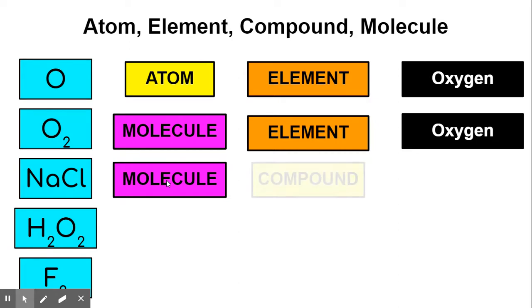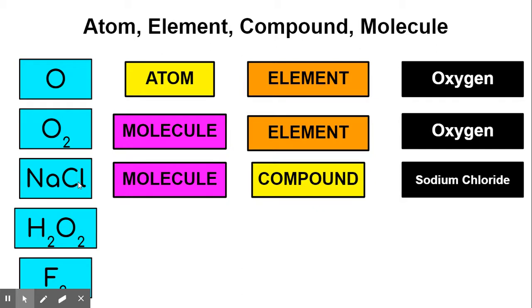But this is not an element because there are two different chemical symbols there. So there's an atom of sodium and an atom of chlorine, and they've bonded together to form a new substance. And that new substance is called sodium chloride. More commonly in everyday language, we use the word salt.